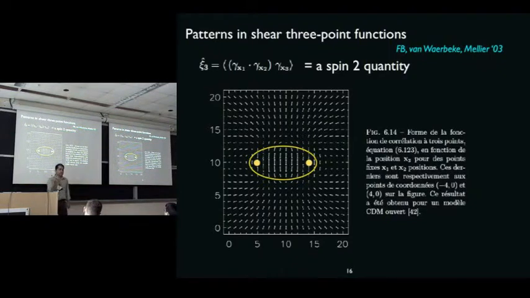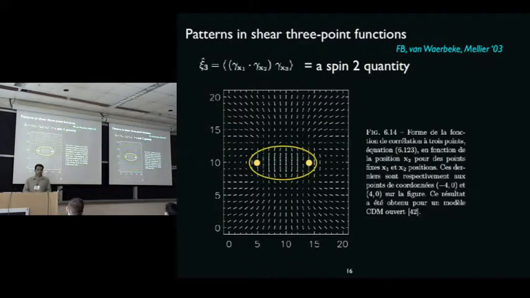It's certainly not the optimal way of doing it, but it's one way, which doesn't rely on the reconstruction of the mass field. Each time you have triplets of galaxies in your catalog, you compute these products and put them in a bin. And so you have only one scale dependence, which is the distance between these 2 points.